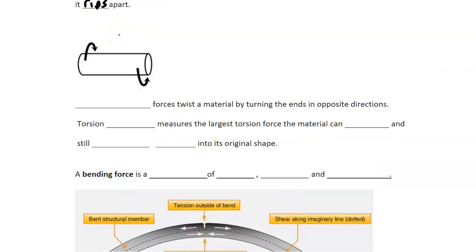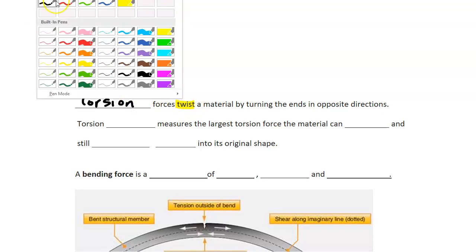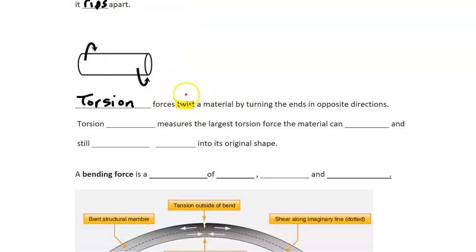And the fourth one we've got here is the torsion force. Torsion forces are essentially caused by twisting motions. And so that twisting is the external force acting upon the object.